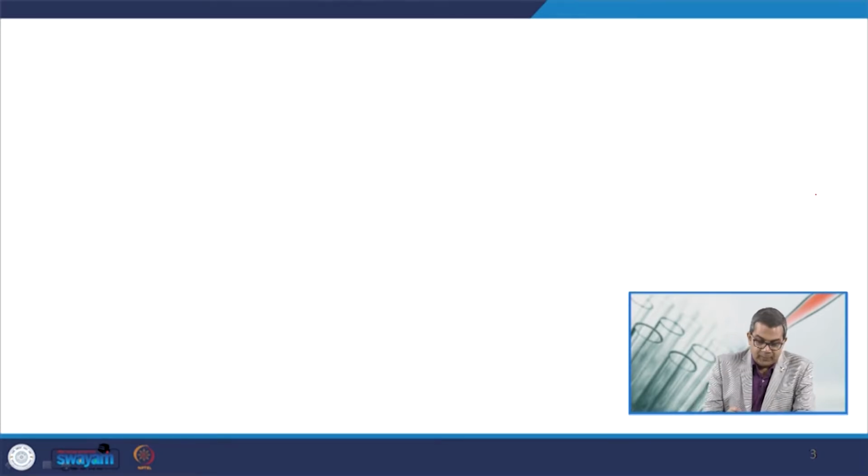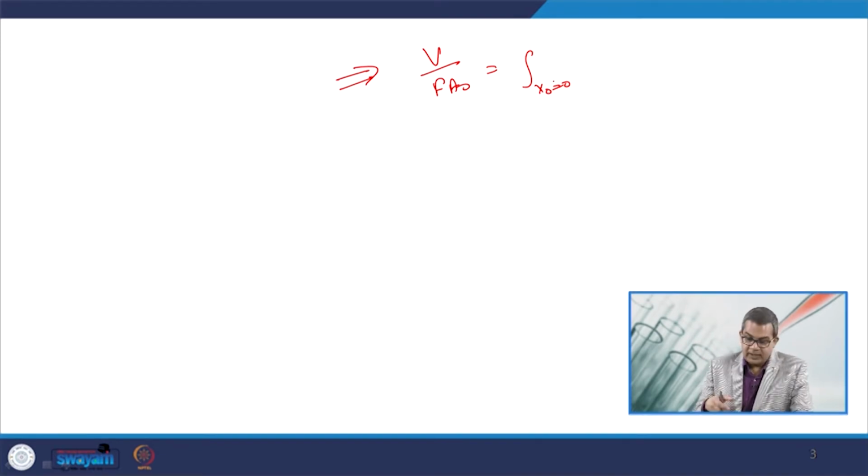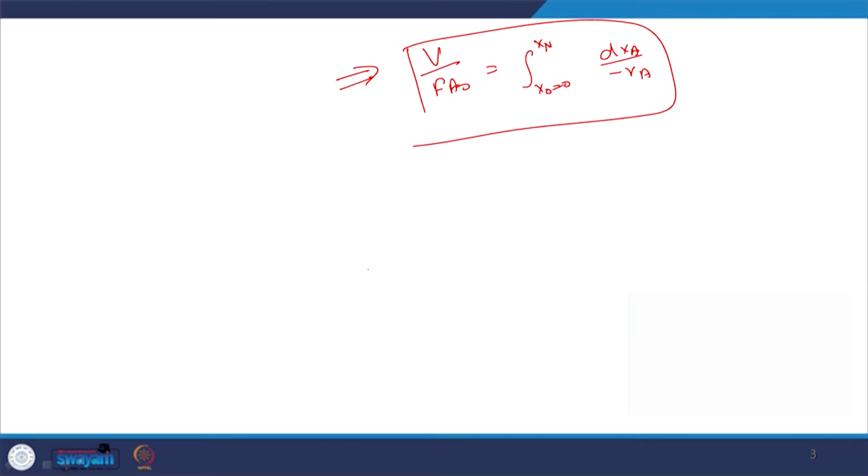Or it can be represented as V upon FA naught equal to the integral from x0 equal to 0, that is the mole conversion at the start being 0, to xn of dXA upon minus rA. So this is one of my desired equations.